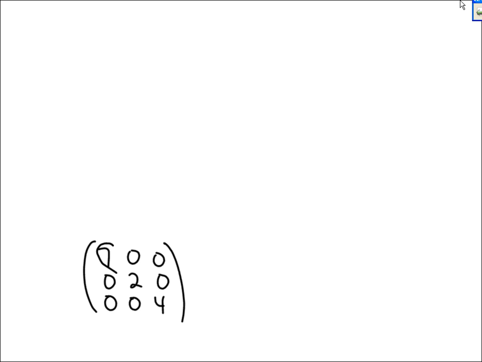But what's off the diagonal will be 0, because 0 plus 0 is 0. 7, 0, 0, 0, 2, 0, 0, 0, 4. That's a diagonal matrix. Everything off the diagonal is 0. You add or even subtract another matrix like this.